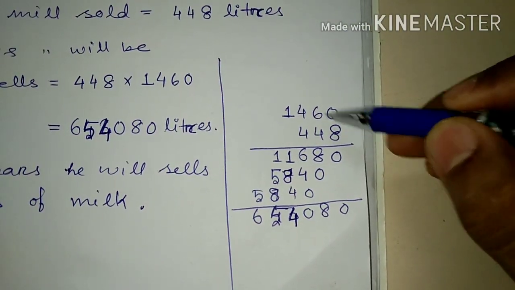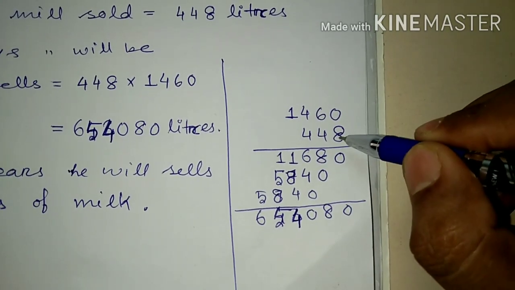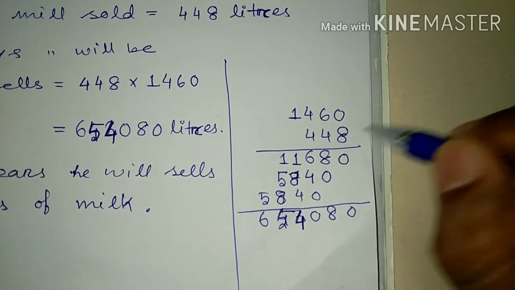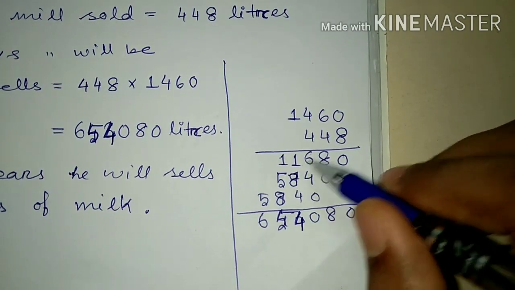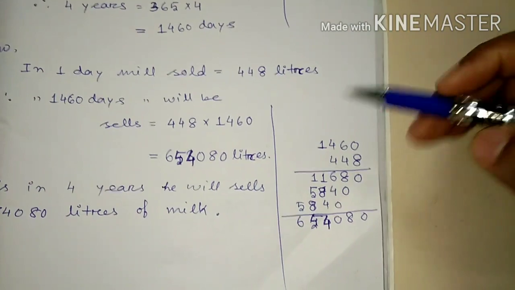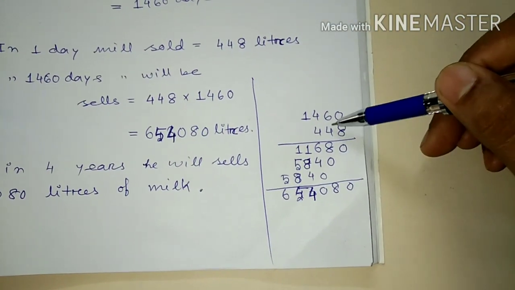0, 8 6s are 48. In your hand is 4, 32, 32 plus 4 is 36, and in your hand is 3, 8 and 8 1s are 8, 8 plus 3 is 11. So multiplication part, 4 6s are 24.